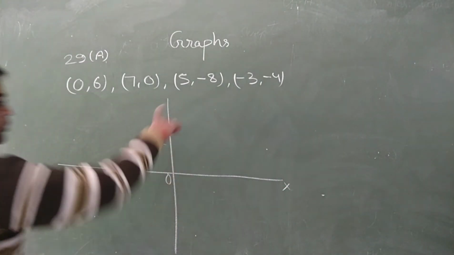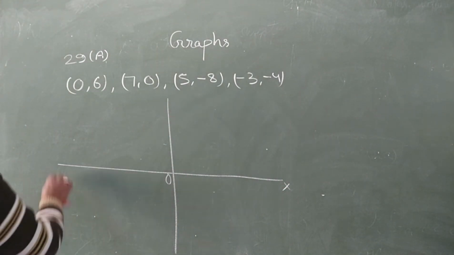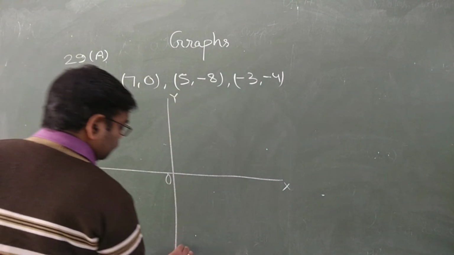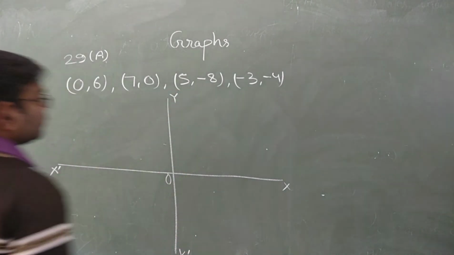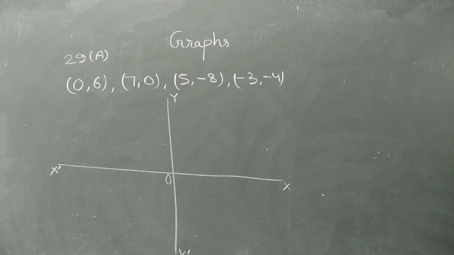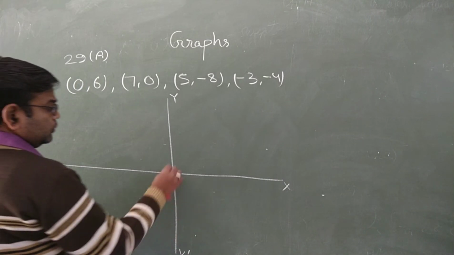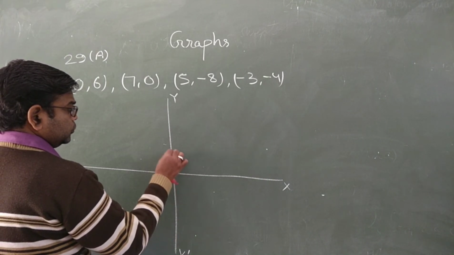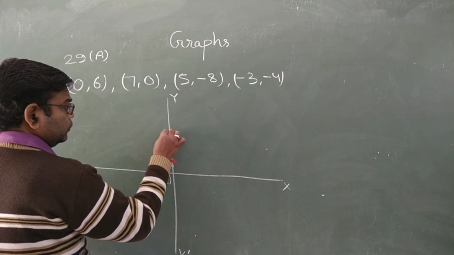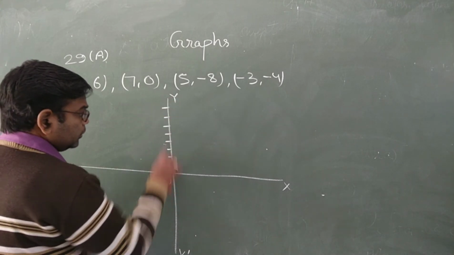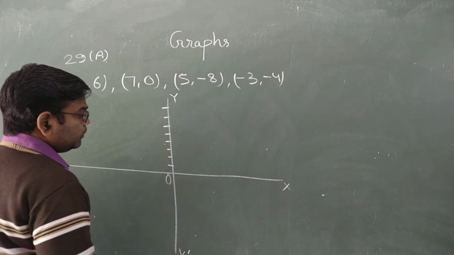You must do this on your graph paper. Clear? Now plot the points. The maximum is 8 now, so it is 1, 2, 3, 4, 5, 6, 7, 8. Draw these at equal distances.